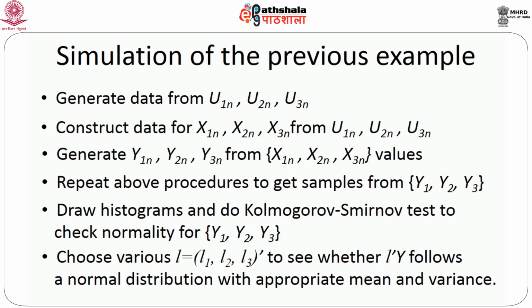So, if we can show this for many choices of L without putting any particular relationship between L1, L2 and L3, then we might be confident that this multivariate normality holds, as per the Cramer-Wald device. Here, for the sake of demonstration, we have considered only one, but this can be treated as a good exercise: try several choices of L1, L2, L3 and see whether L prime y follows a univariate normal distribution with appropriate mean and variance.